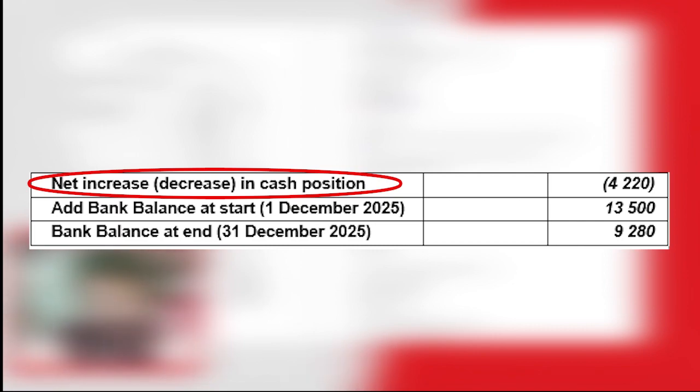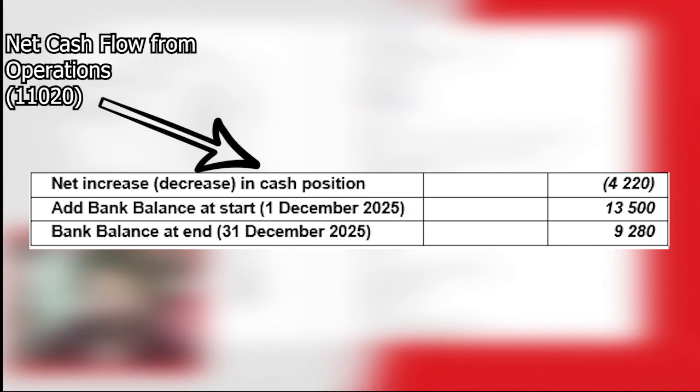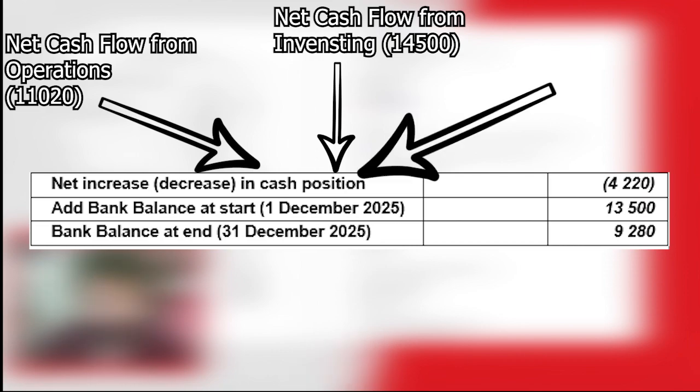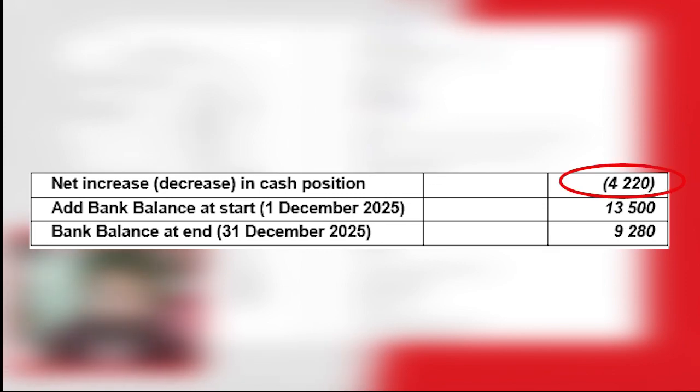Now, we add up the net cash flow from operating activities, so negative 11,020 plus negative 14,500 plus 21,300. We add those three together, we get negative 4,220, or a net decrease in cash position of 4,220, represented again by the brackets.